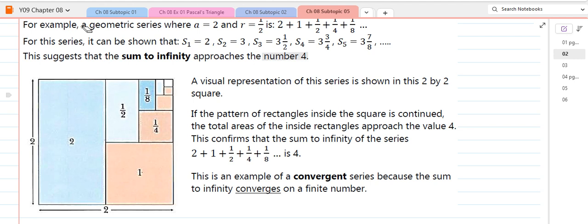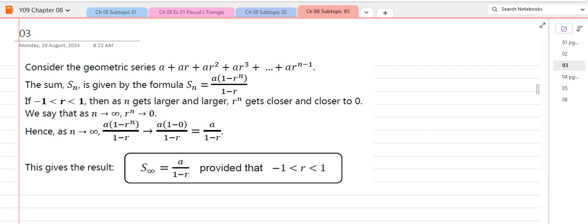If we add them together, you will have a rectangle with total area which approaches the value of 4. This is the sum to infinity idea. This is an example of a convergent series, because the sum to infinity converges, going towards a finite number.